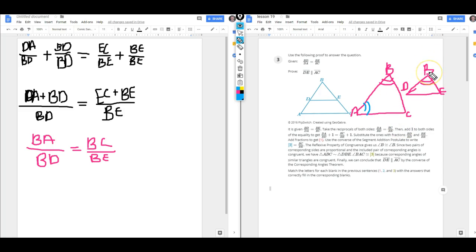So I'm going to start at B, and it's going to go to D, and then E. So in the third blank, it will be angle BDE, since that is angle BAC's corresponding angle. I hope that helps.